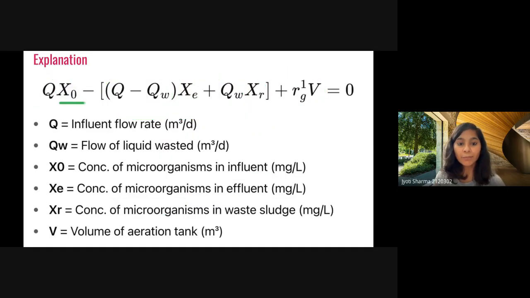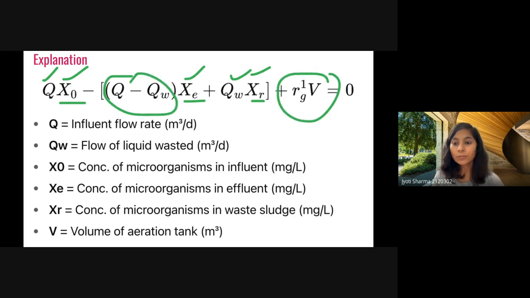Initially we had microorganism concentration X node, then we will have Xe, then in the waste we will have Xr. These are the microorganism concentrations. This is your initial flow rate, then the flow rate of your waste, the remaining flow rate, and this is your growth, so this will be equal to 0.